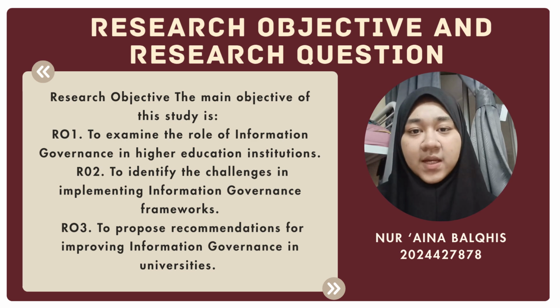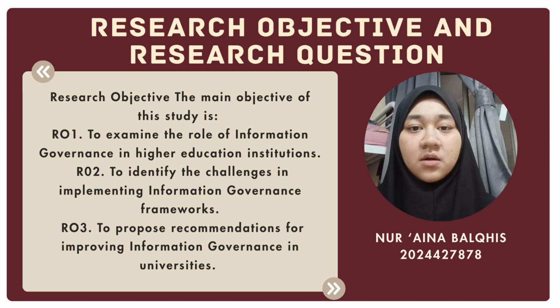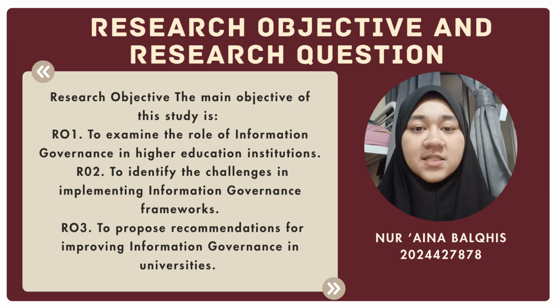Moving on to the next part, let me guide you through our main focus, which is the research objectives and questions. This study focused on three main objectives. The first is to examine the role of information governance in higher education institutions. The second is to identify the challenges faced during the implementation of IG.